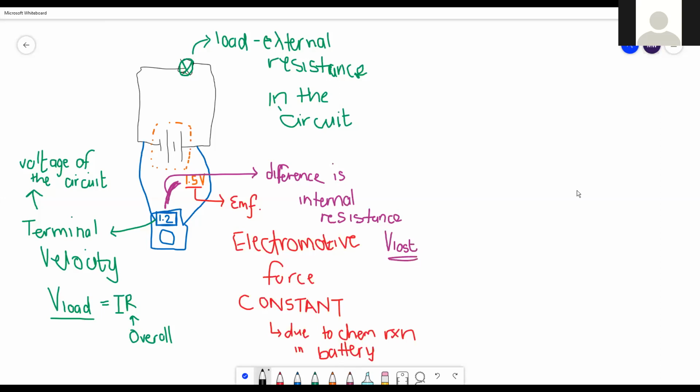But now a very important thing, what this tells us is that your battery actually has resistance. So if you were to draw the battery, the way we actually draw it could be like this.